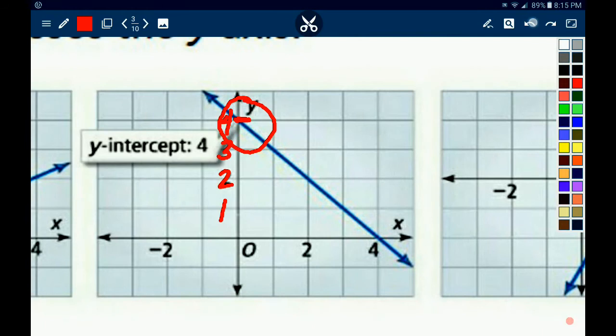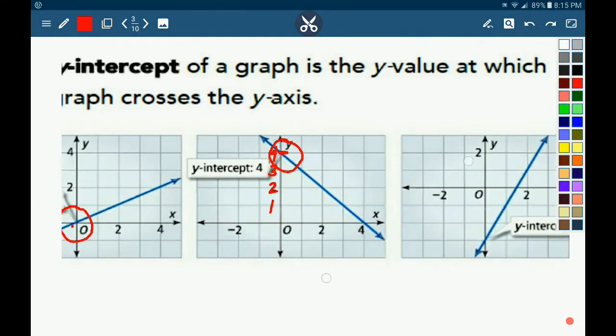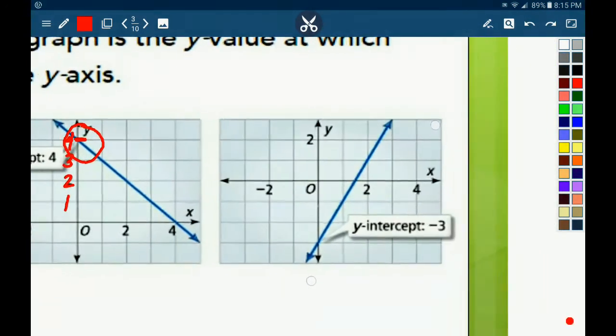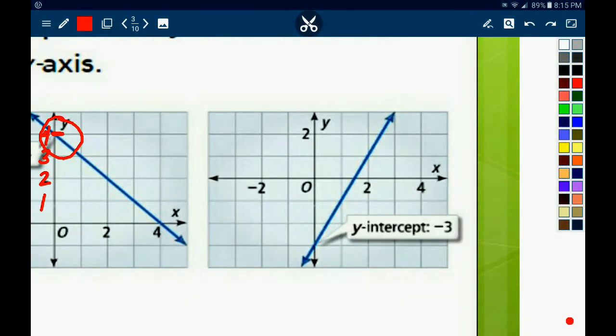So there we can identify the y-intercept as 4. Now when we look at the third graph, you should be able to see that the y-intercept is at -3, because again, here's the y-axis. If we look to where the blue line intersects the y-axis, there's your y-intercept at -1, 2, 3.